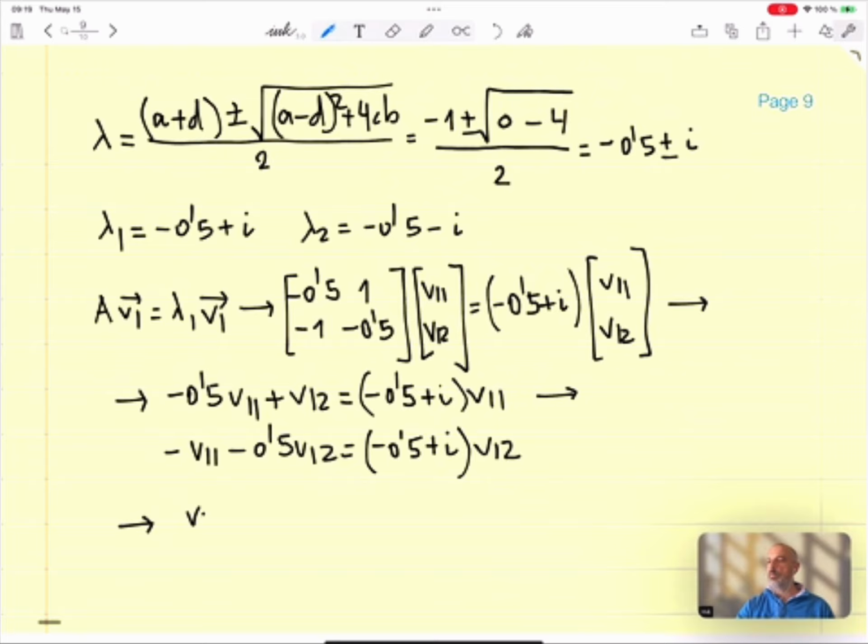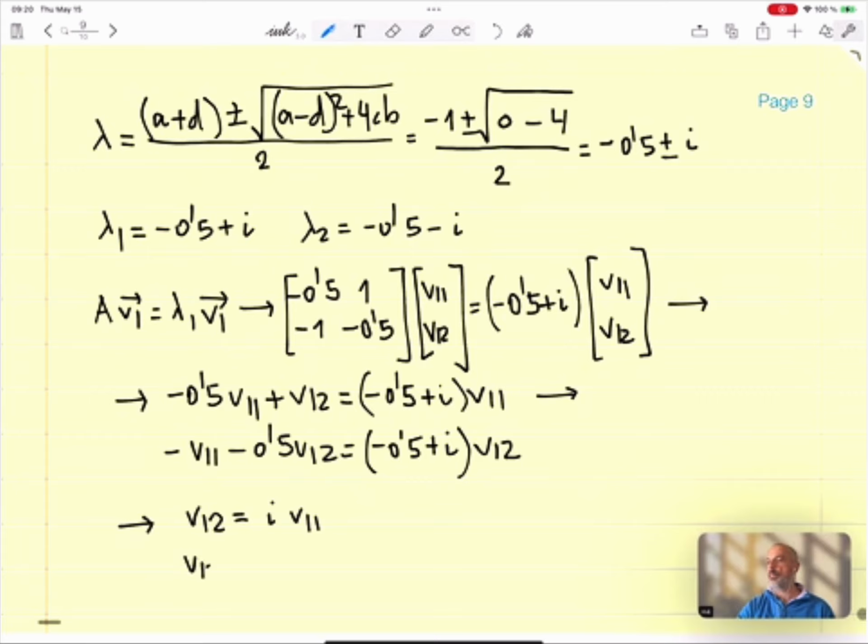From the first equation, v12 equals i v11, and from the second equation we get basically the same, okay?